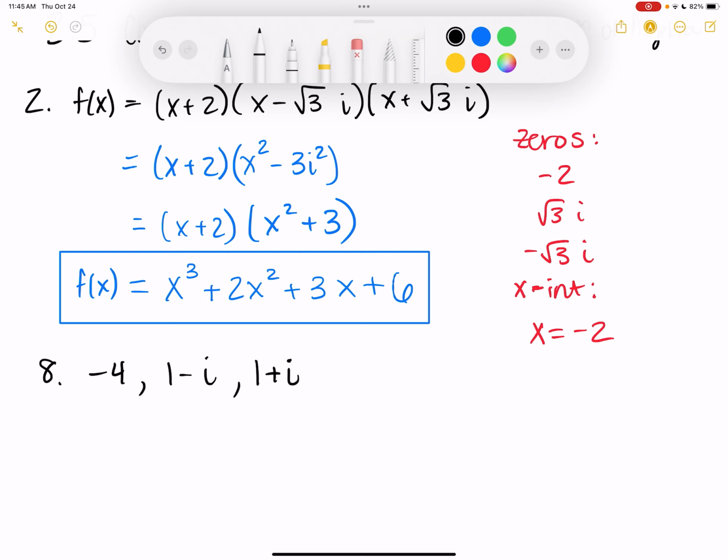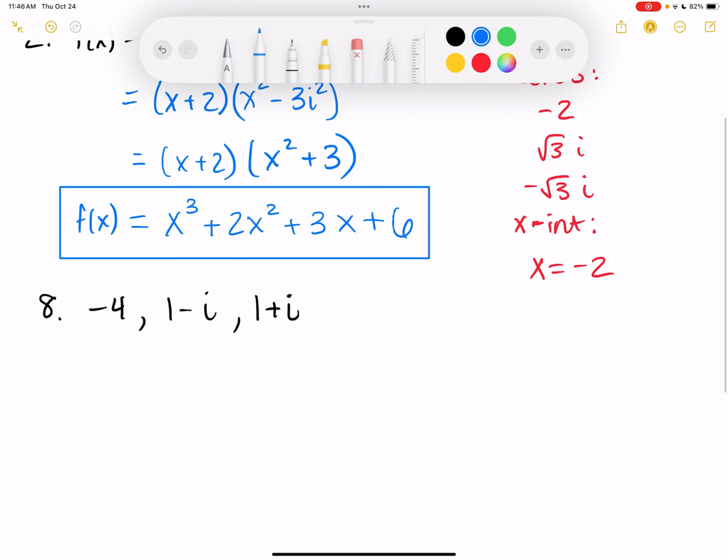So if negative i is a 0, then positive i is a 0. But in this case, they already wrote both of them for us, so I don't have to do that again. So what degree is this function going to have? 3. It's degree 3.